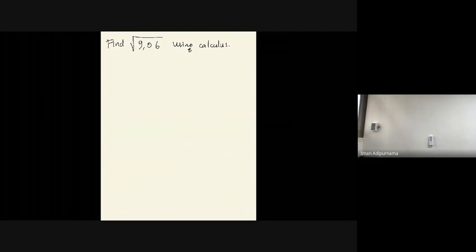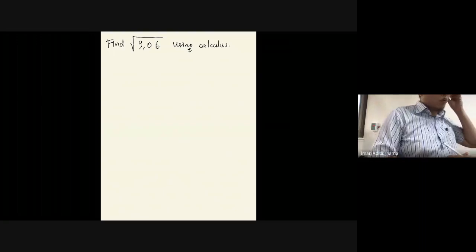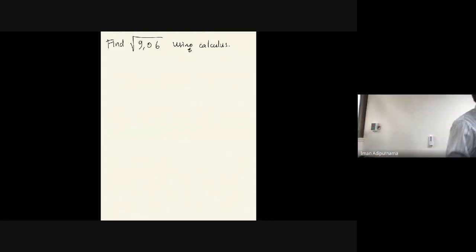What we can do here, first, let's define our function. Our function is just the square root of x. Our x is, of course, what we want to find, 9.06. And then we need to choose a.